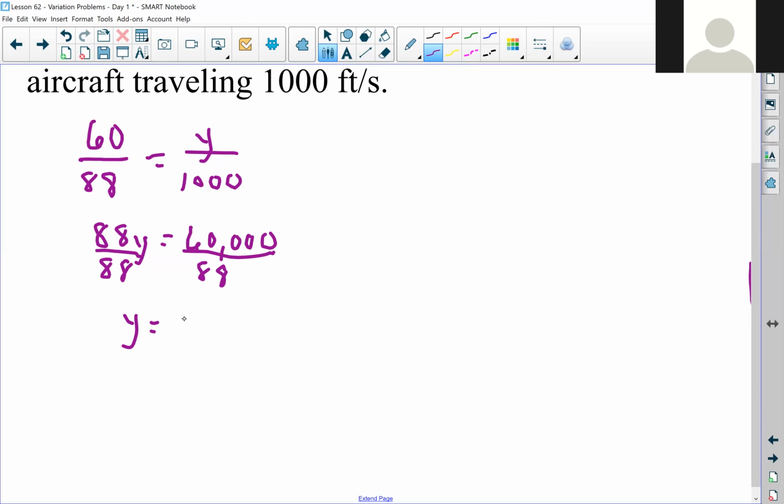And that one doesn't come out exact as a decimal using the calculator. If you wanted it as a fraction, I believe that would be right.